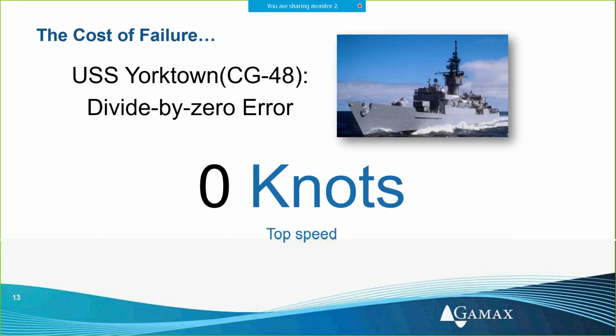Or another example, when the USS Yorktown stopped and could not restart because the speed became 0 and the engine controller failed because of a division by 0 error. These are the types of errors that we can detect with formal verification methods.